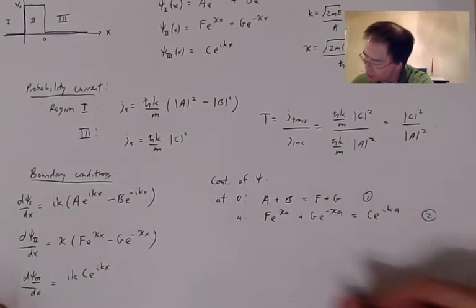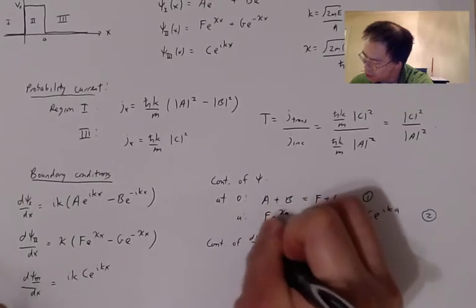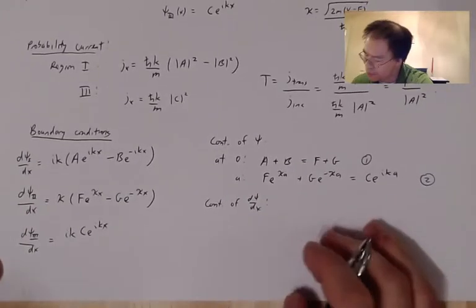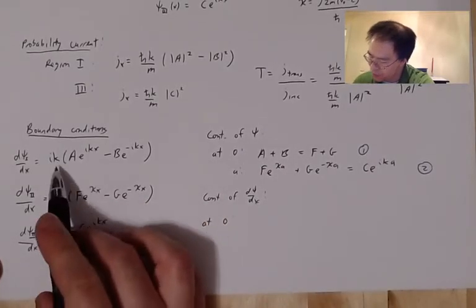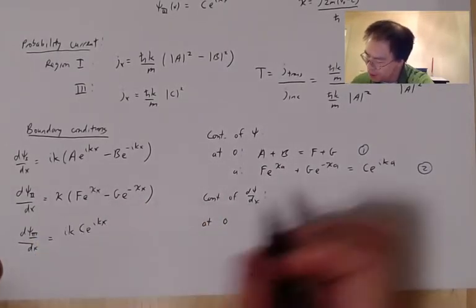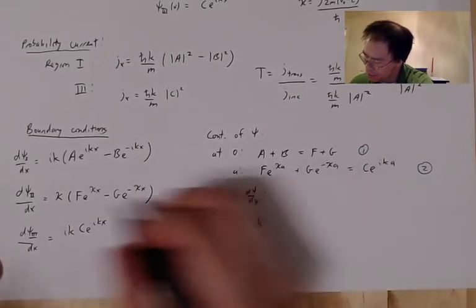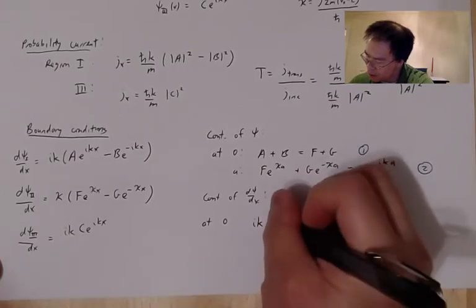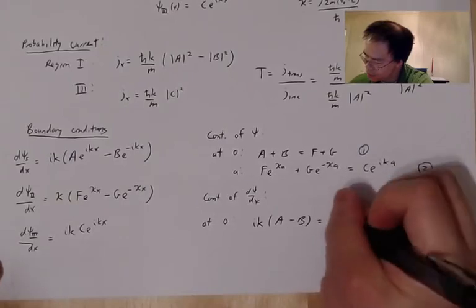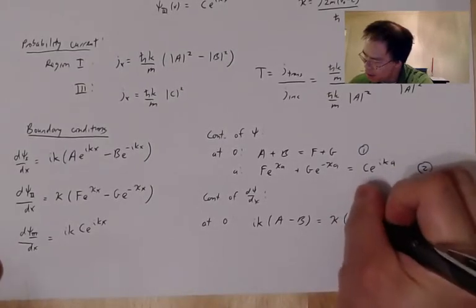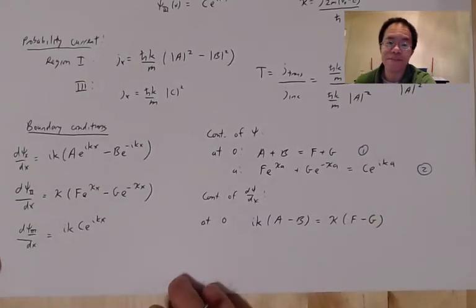So now we need to do continuity of the derivative. Once again at 0, we stitch together ψ1 and ψ2 here. This time, plugging in 0, we get ik(a − b) = κ(f − g).